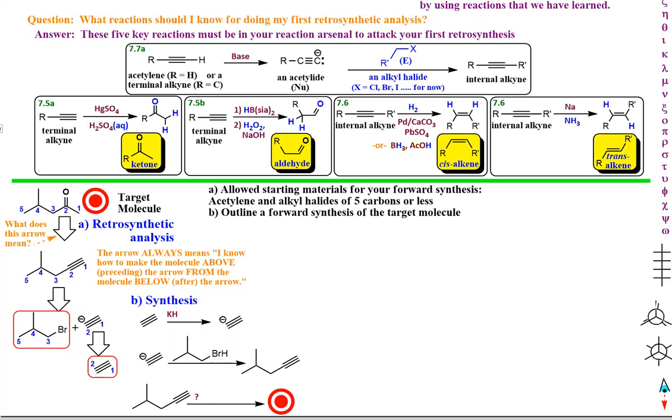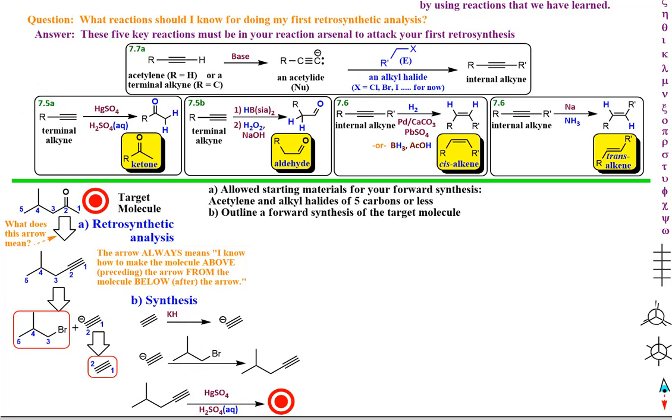ChemDraw does its own thing sometimes. And then the question is, how do you take your terminal alkyne and make it into your ketone target molecule? The answers can be stolen from above on the screen. This is the oxymercuration-demercuration protocol as found in section 7.5a, and that gives us a ketone.